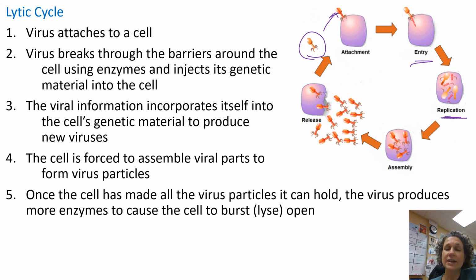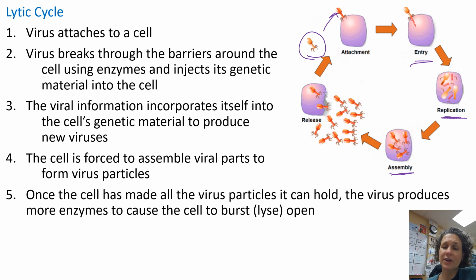And the cell is then forced to assemble the different parts into viruses and form these new viruses. Eventually, the cell is so full of these viruses that it bursts open. That's lysis. That's where lytic cycle comes from, that word. And then it happens again. Those viruses go on to find new host cells, and they repeat the process.